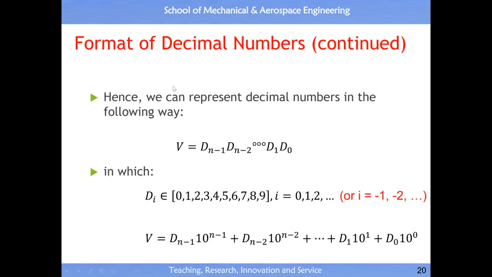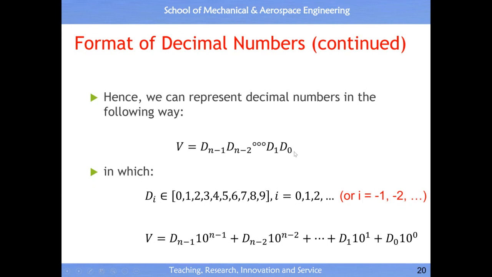Okay, and for each digit in the decimal number system, the digit could be equal to 0 all the way to 9. So you have 10 values here. The position is indicated by i, which could be 0 all the way positive, or -1 all the way negative.